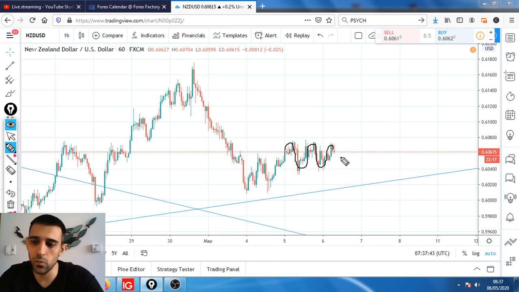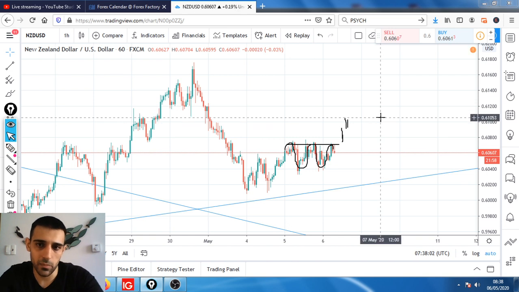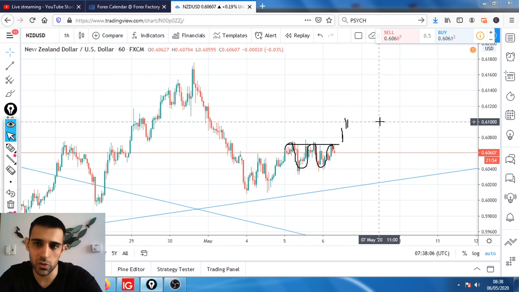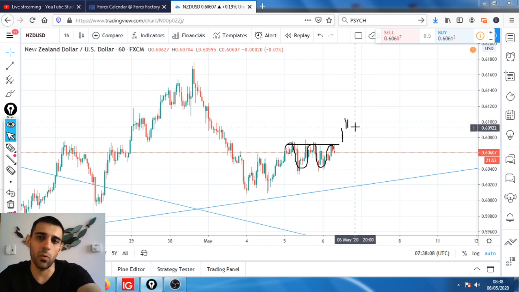So if we see a full change of the trend purely on the 1 hourly time frame, then we need to see the price breaking this level for sure, and maybe coming up. Also the intensity of the candles. So once the price pushes up to these highs, then I can see that okay, maybe the price wants to change direction.